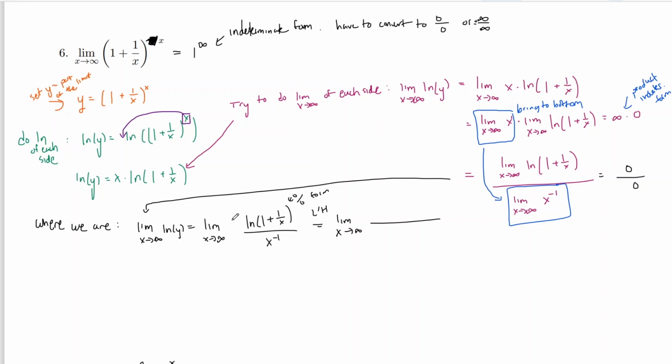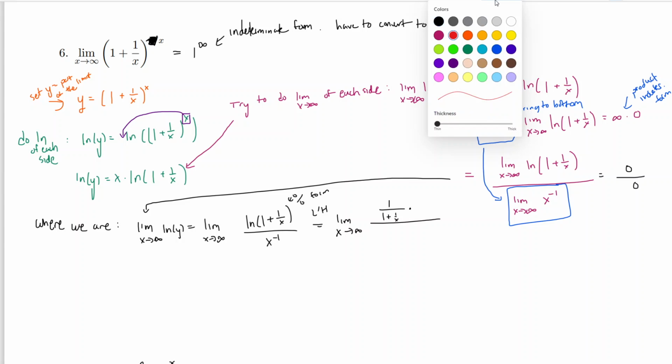Well, the derivative of the top of this is not very fun, but we got to do it. So it's 1 over the inside, 1 over 1 plus 1 over x. Now you can simplify this beforehand, but when you do the chain rule part, when you multiply by the derivative of the inside, it's easier if you leave it like this. And the derivative of 1 over x, I'll write this on the side here.